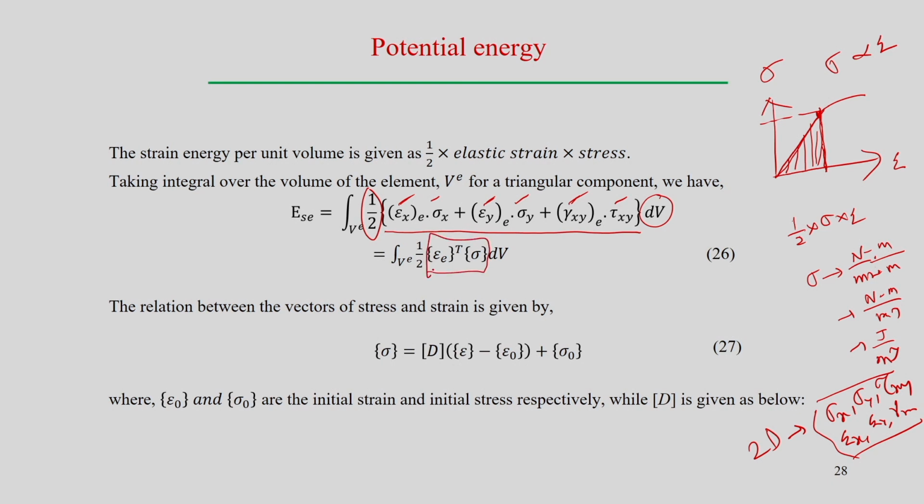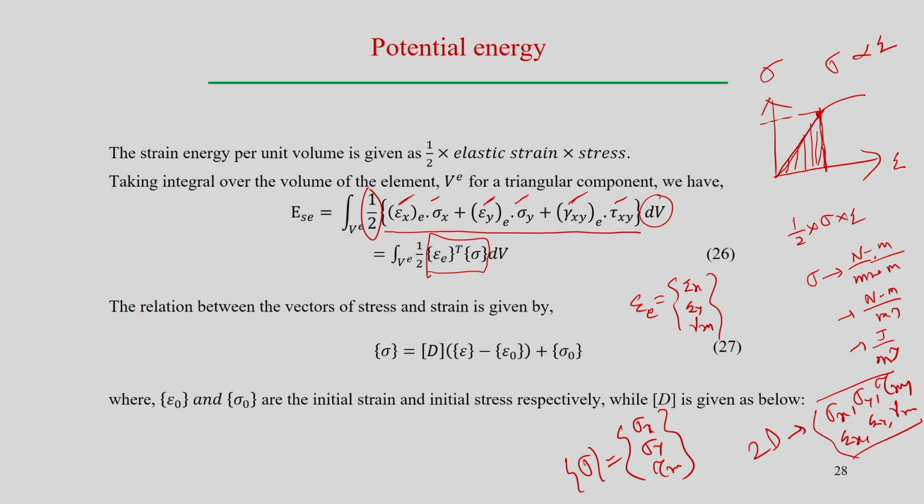Now, for this element, strain and stress can be represented in matrix form. Epsilon for this element is epsilon x, epsilon y and gamma xy. This is the strain component, and the stress components are sigma x, sigma y and tau xy, written in the form of a column vector. Finally, for compatibility we put the transpose of one of these vectors so that they can be multiplied.